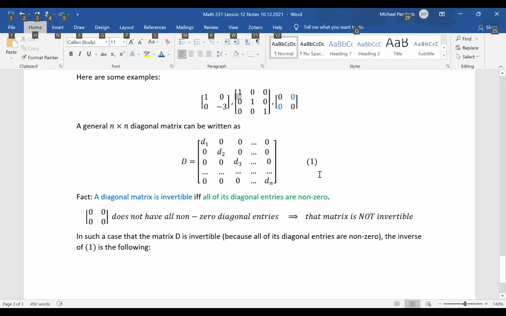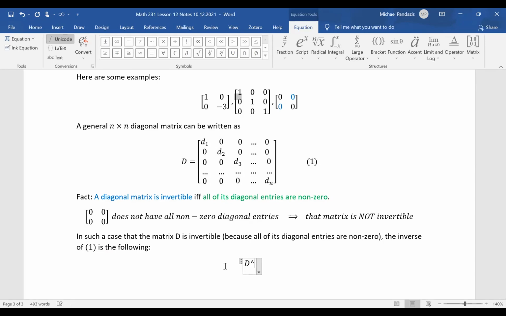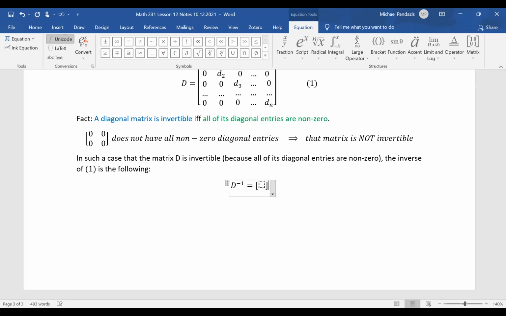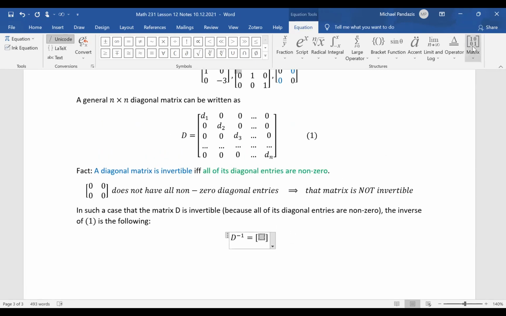So now we want the inverse of this matrix D. The inverse of a matrix D is denoted by D inverse like that. And so D inverse then is going to be this matrix.